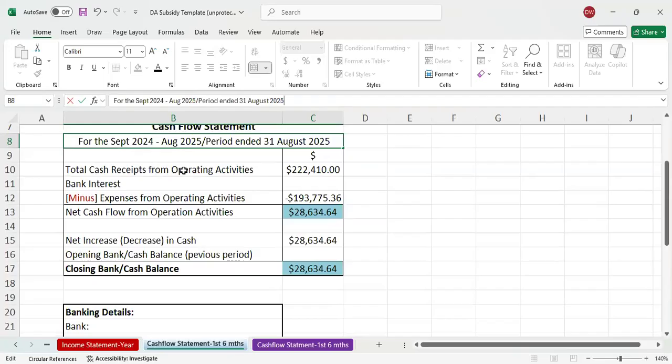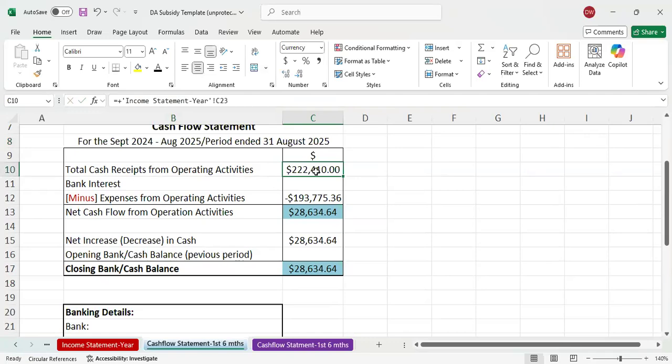So the total cash receipts based on what was calculated in the income statement will be here. And we would minus the total expenses, which will give you the total income or the total cash that you would have to operate your activities.